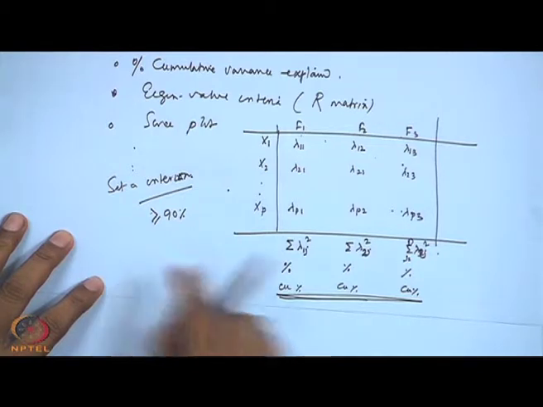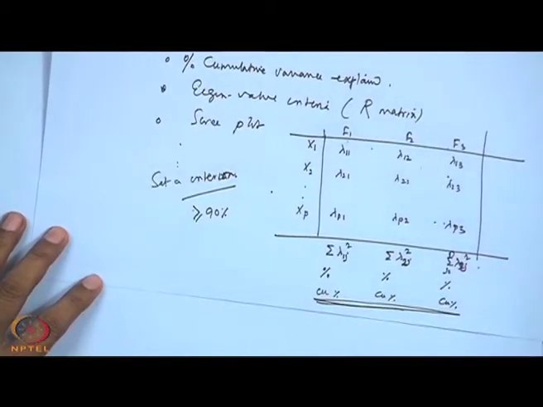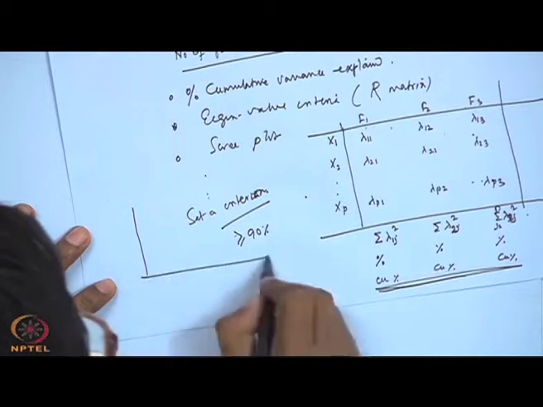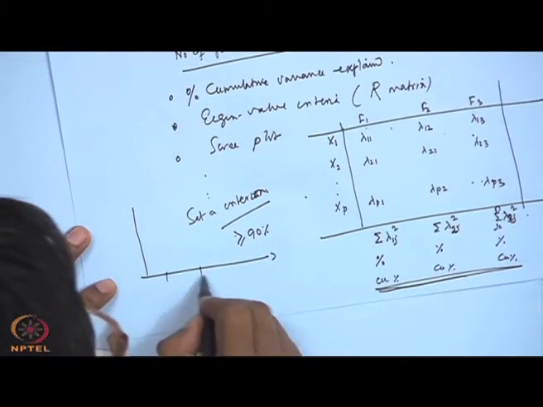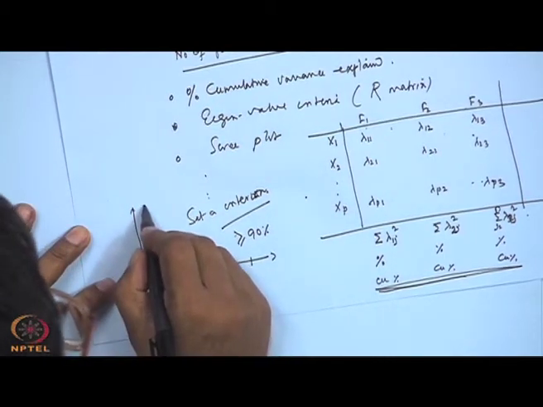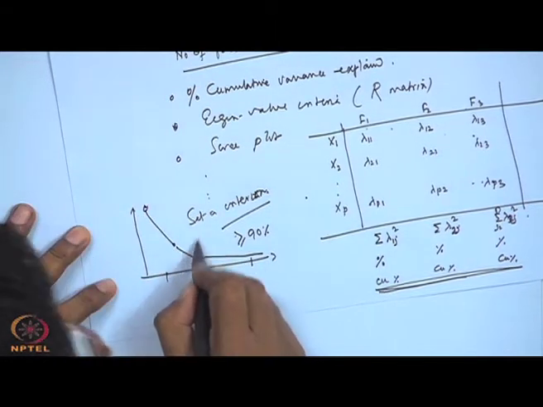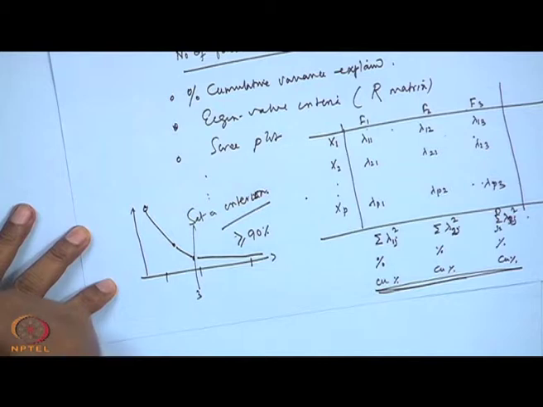Okay. Now, scree plot also you have seen earlier. Your scree plot, what we have seen, is the eigenvalues versus factor 1, factor 2 like this. Suppose your values are coming like this. So, this is your elbow, so you keep three factors.